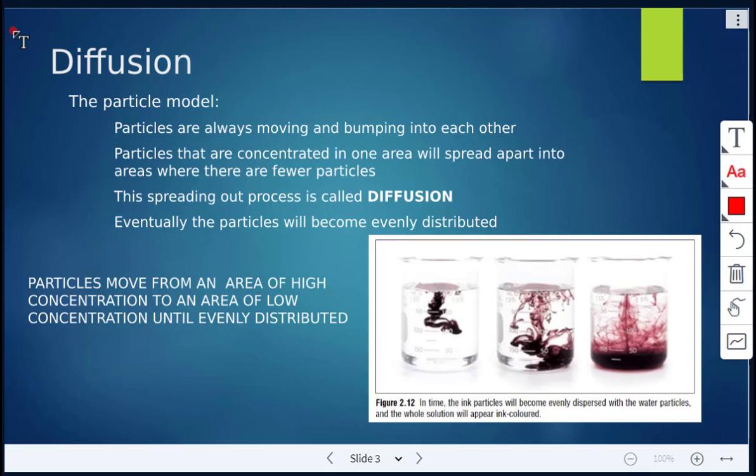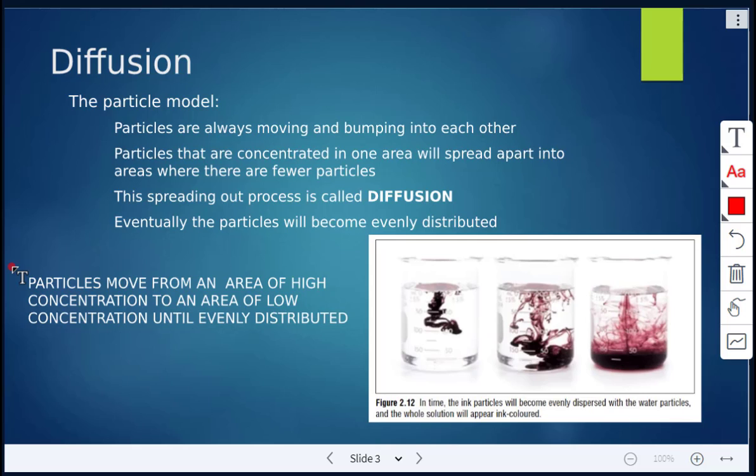Particles that are concentrated in one area will spread apart into areas where there are fewer particles. That spreading out process is called diffusion. And eventually the particles will become evenly distributed. Keep in mind, particles will always move from an area of high concentration to an area of low concentration until it's evenly distributed.